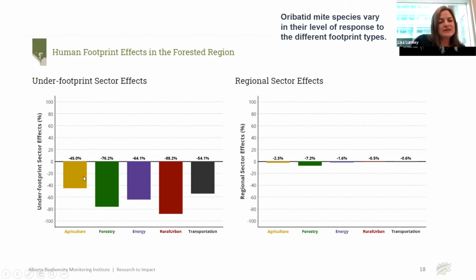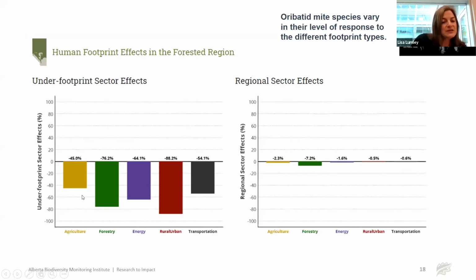Under footprint means this is how the species is affected specifically under agriculture versus how it's affected across the entire region. So the difference here is the pink box mite, specifically in lands that are agriculture, is reduced by 45%. But because there isn't a lot of agriculture in the forested region, that decrease is quite minimal at 2.3%.